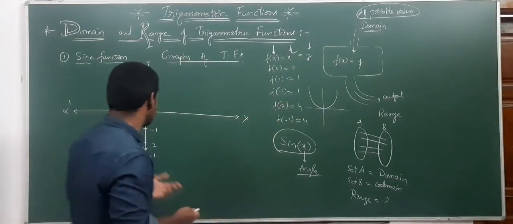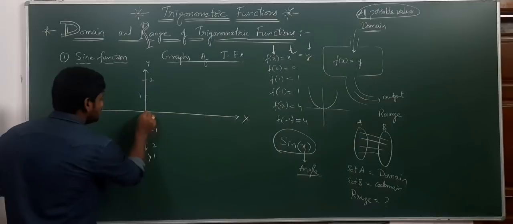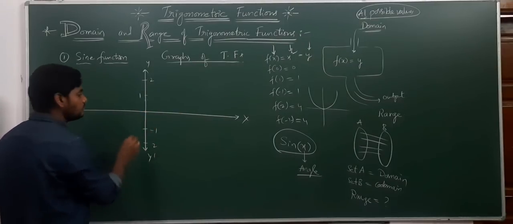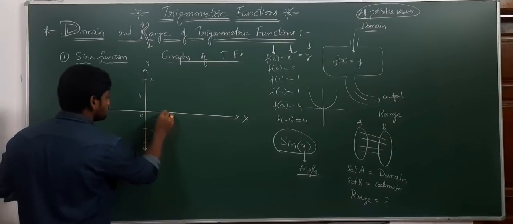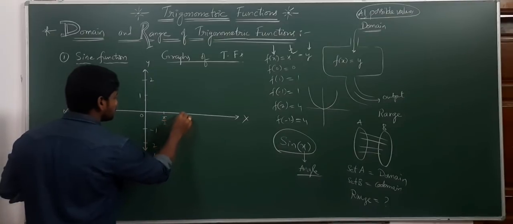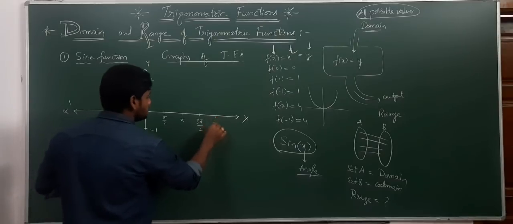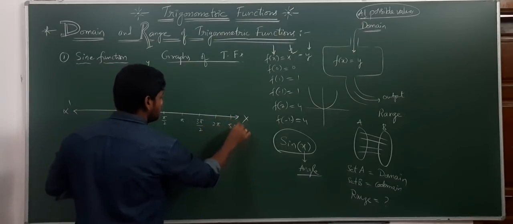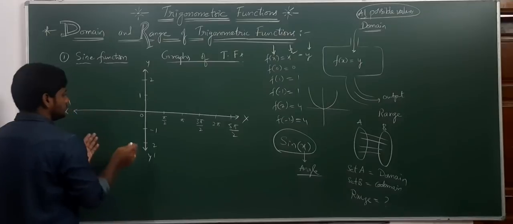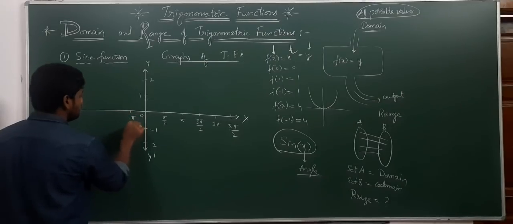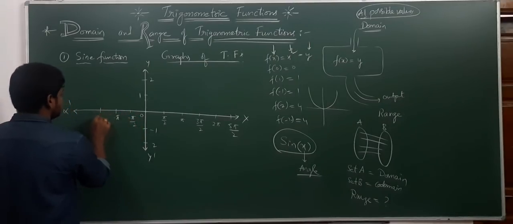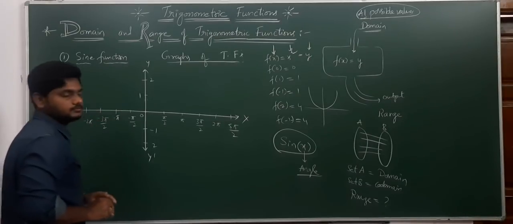Which type of angles? Observe here. Here we will mention the angles in terms of radians. So 0, here I will write pi by 2, this is pi, this is 3 pi by 2, this is 2 pi, and this is 5 pi by 2. On the left side, same: minus pi by 2, minus pi, minus 3 pi by 2, minus 2 pi, like that.